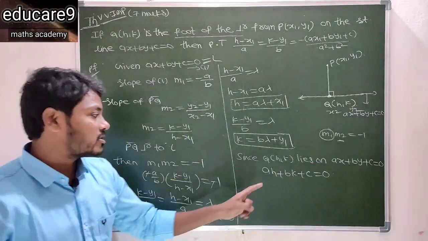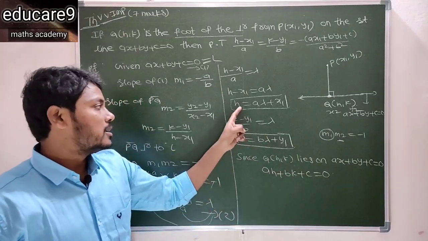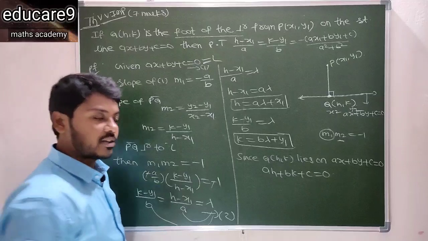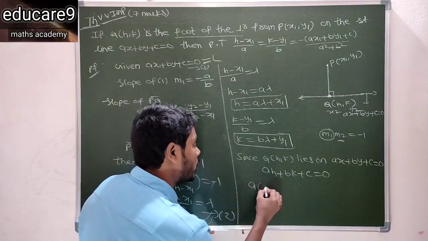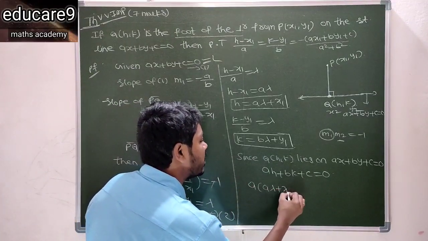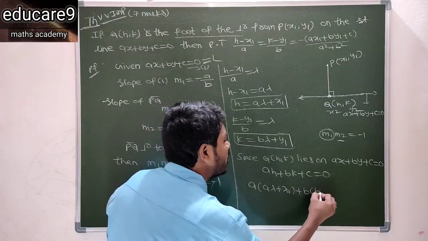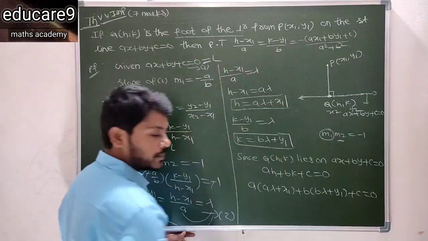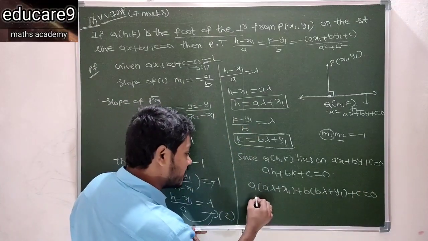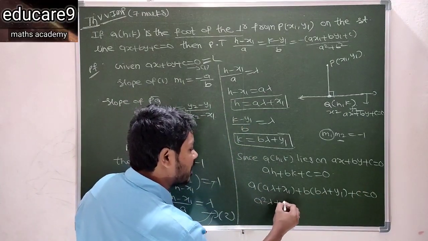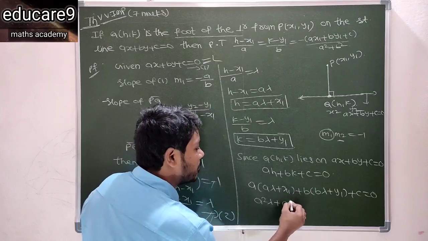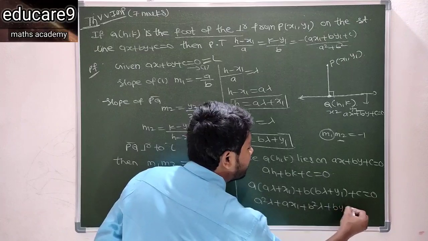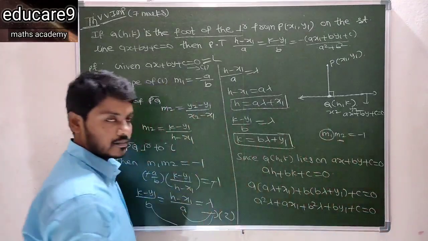But you know the values of h and k, that is a lambda plus x1, b lambda plus y1. So substituting, a into (a lambda plus x1) plus b into (b lambda plus y1) plus c equals 0. Multiplying inside, you get a square lambda plus ax1 plus b square lambda plus by1 plus c equals 0.